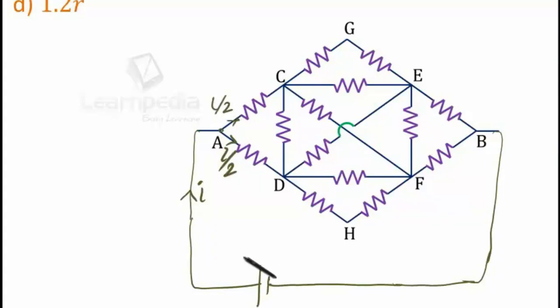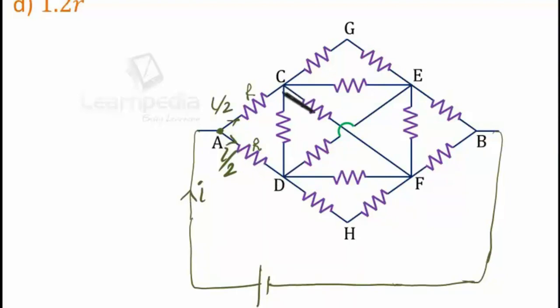This is resistance R, and this is another resistance R. The drop in voltage when we move in the direction of current across a resistance is IR, so here IR by 2 as we reach the point C, and across AD also there is the same drop of potential. Starting from a common point, there is the same drop of IR by 2 in this branch and IR by 2 in this branch.